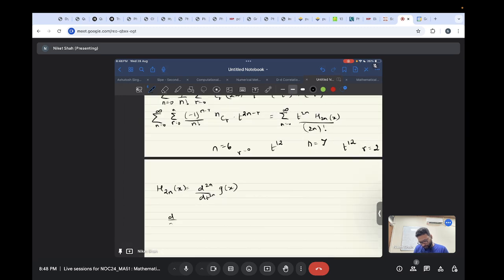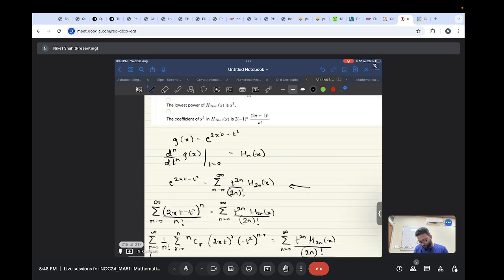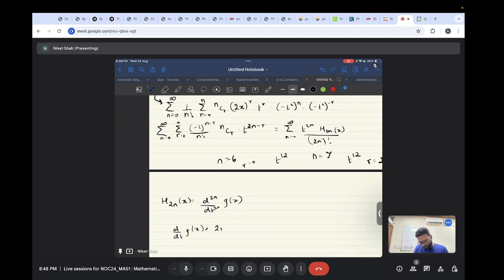So d by dt of g of x gives you what? It gives you 2x minus 2t times e raised to power 2xt minus t square.